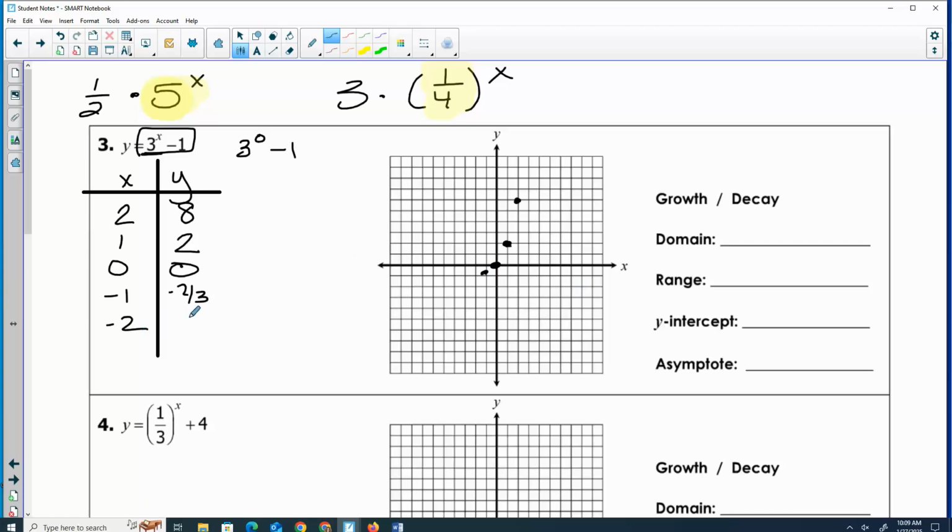All right, if I plug in -2, Riley, can you tell me what I get if you put in -2? Did you subtract your 1? Try that again. 3 to the -2, and then subtract 1 off the end.